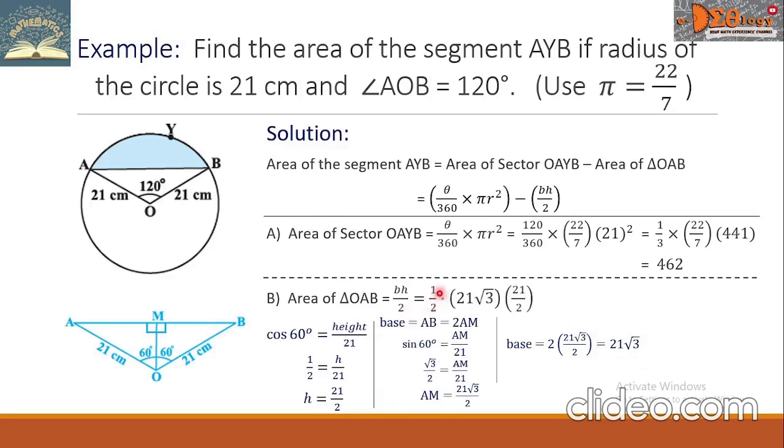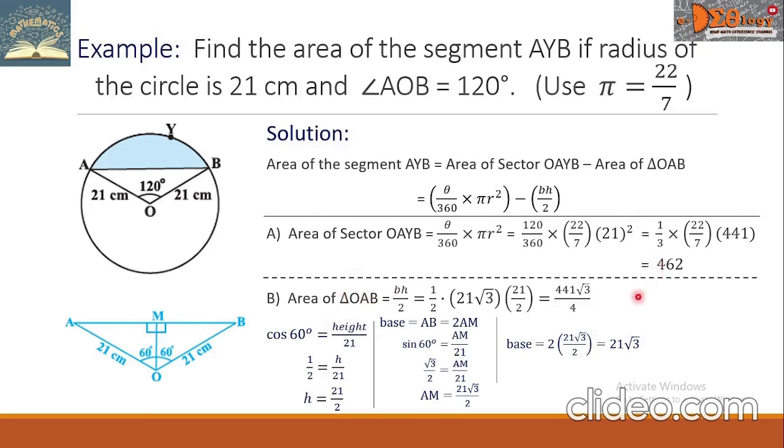So it becomes 1/2 times the base is 21 square root of 3 and the height 21 over 2. The product of these three numbers is 441 square root of 3 over 4. Now we have the area of the sector and the triangle respectively.